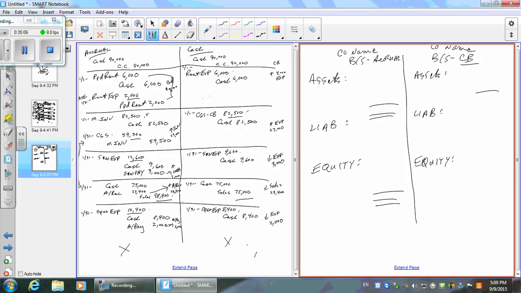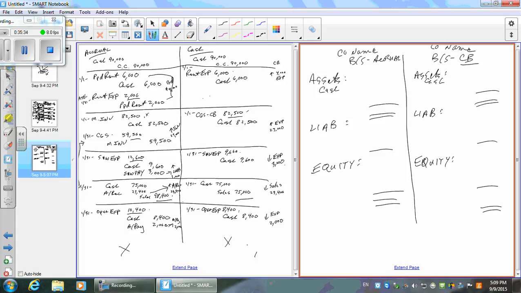So which ones go where, guys? Cash goes on both of them. What do you guys think? How much cash is it?